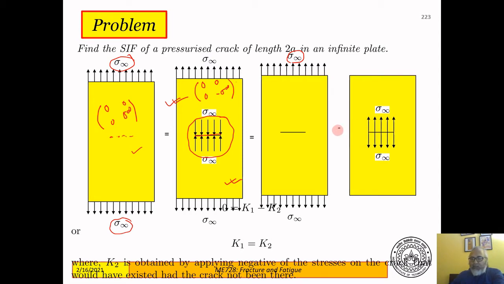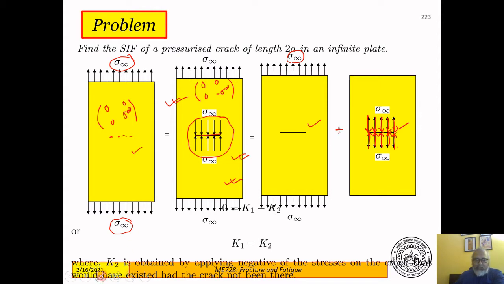So if I wanted to use plus here, I would have used sigma infinity like this. So this plus this would exactly be this problem. So I have broken this problem up into a problem without crack face tractions and with the compressive crack face tractions.